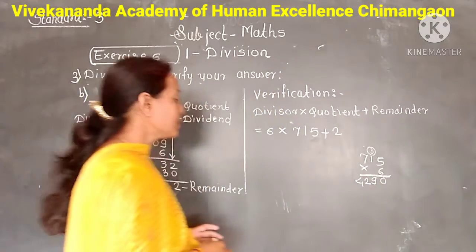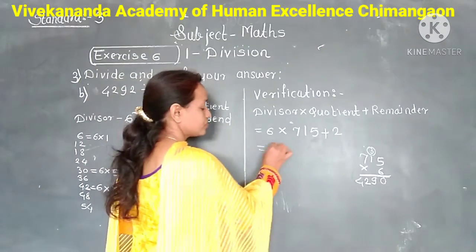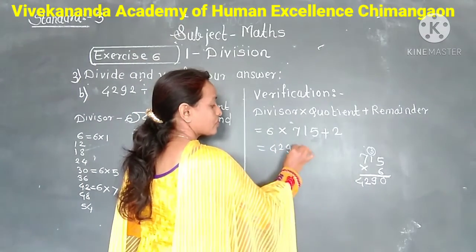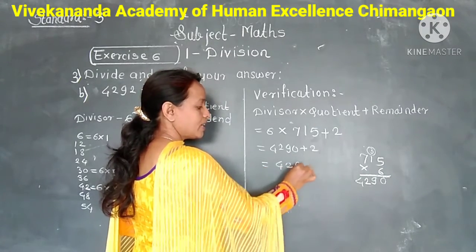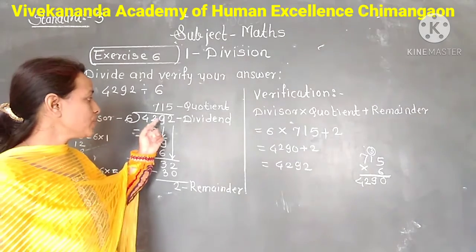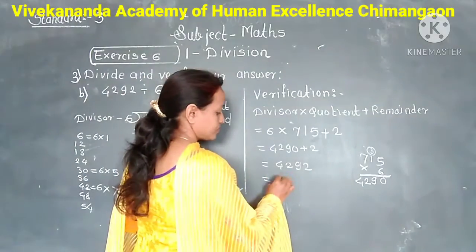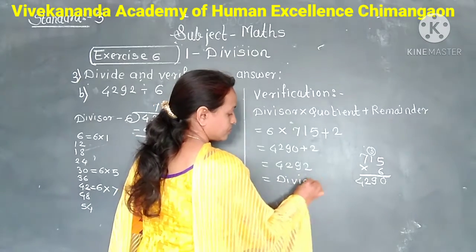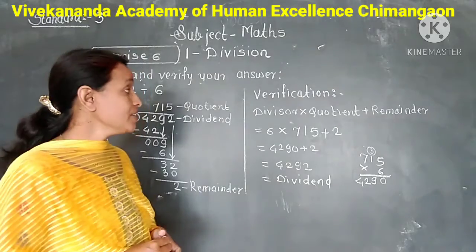So here we get product 4290 plus 2. We get here sum 4292. So 4292 is a dividend. So student, our answer we verify.